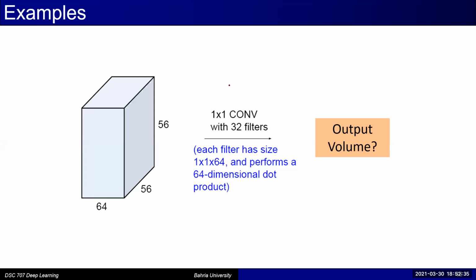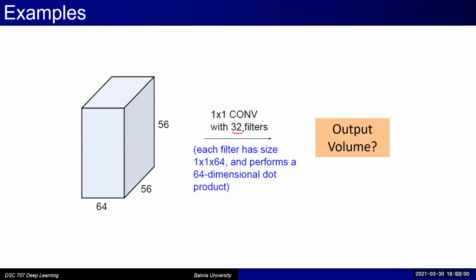You see, in this case you won't be needing any padding because the filter size is 1 cross 1. So if you use a stride of 1, the output would be 56 cross 56 because you don't lose anything in the spatial dimension, and the depth of the output would be the same as the number of filters.